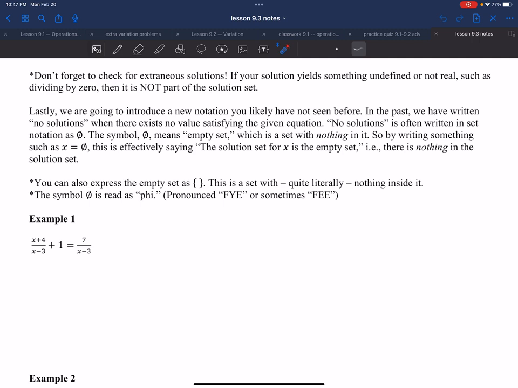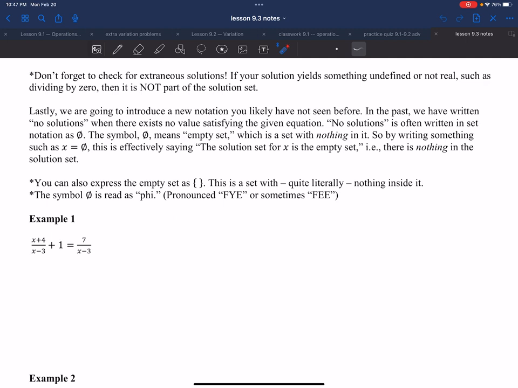And lastly, I would like to introduce a new notation for you that you may have not seen before. Now, in the past, a lot of times we've written just no solutions, or sometimes DNE, meaning does not exist.